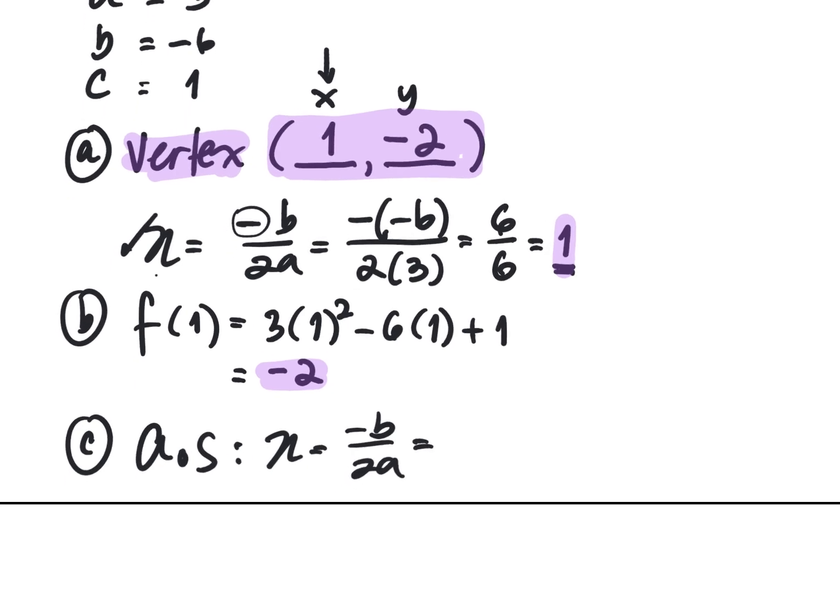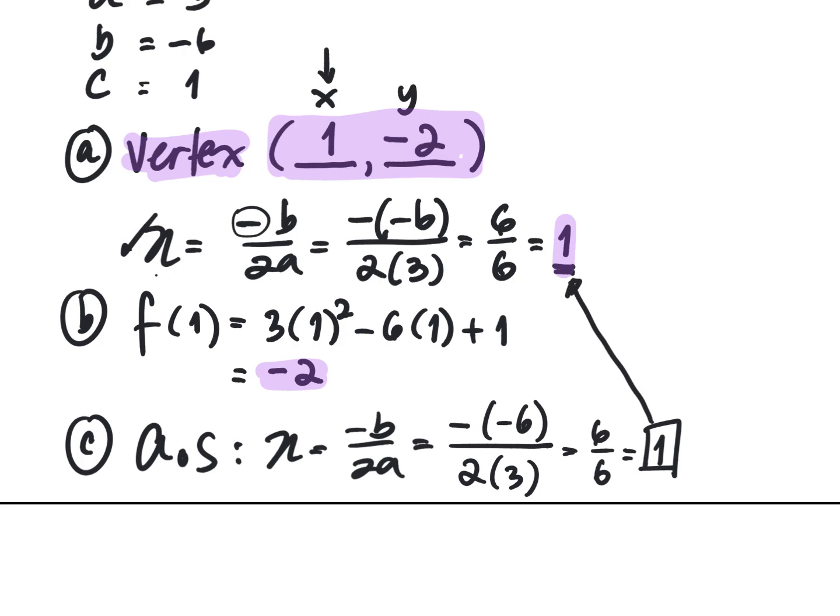So our value of b is going to be negative 6 over 2 times 3, and that's going to give you 6 all over 6, which is still 1. So the x-coordinate of your vertex and the axis of symmetry are actually the same. That's why once you have computed the x-coordinate for your vertex using this formula, you can also know what the axis of symmetry is.